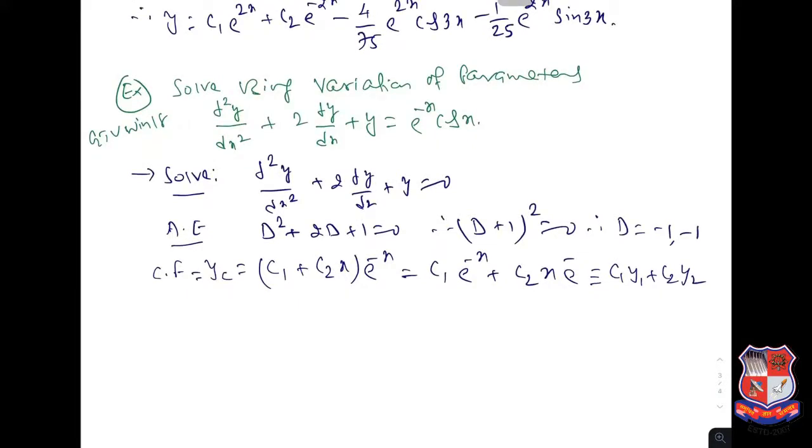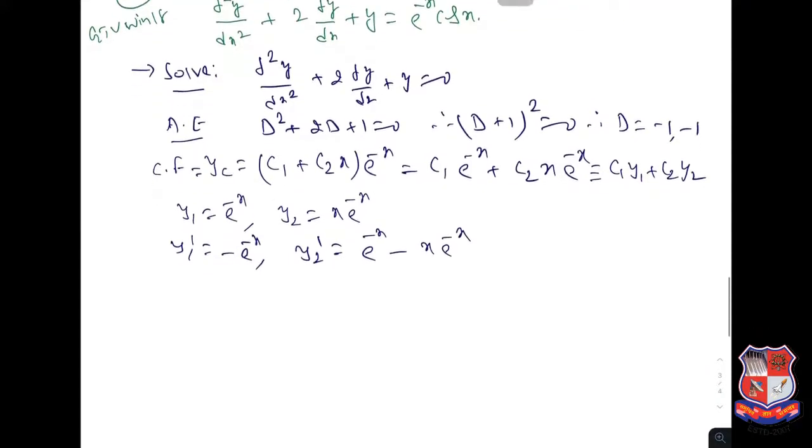Okay, now y1 is e power minus x, y2 is x e power minus x, and the derivative of y1 is minus e power minus x, the derivative of y2 is, by product rule, e power minus x minus x e power minus x, and so w is the determinant of y1, y2, y1 dash, y2 dash, its derivatives.